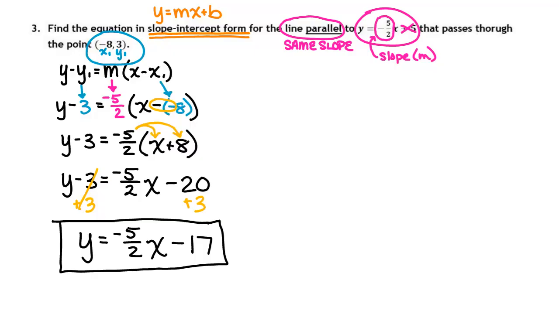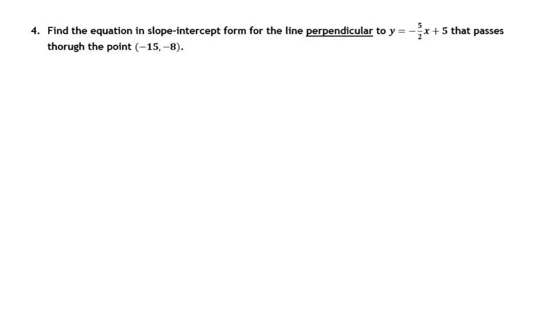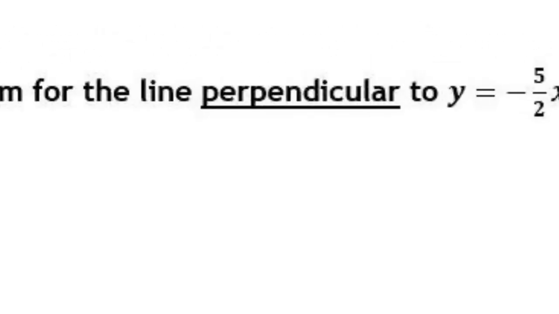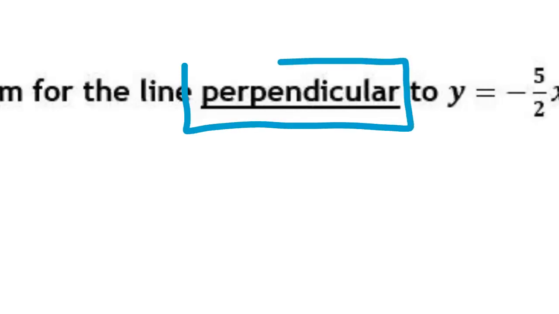Number 4 is similar to this one, but there's one important word that's different. What is the word that is different on number 4? Perpendicular. Does perpendicular have the same slope? No. Tell me about the slope for perpendicular lines. Yep.